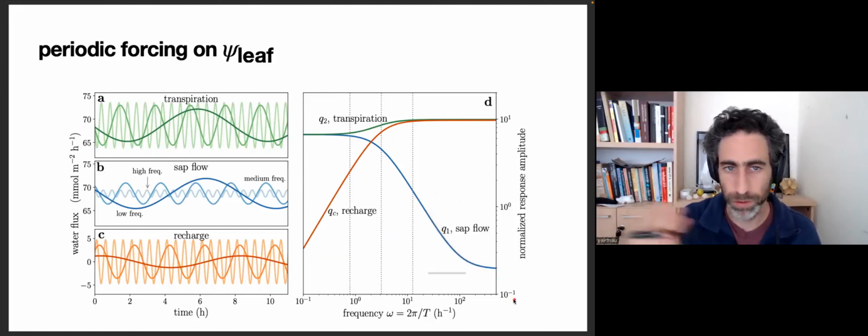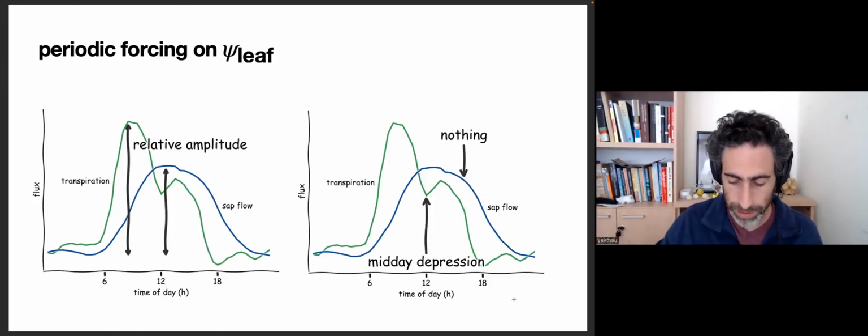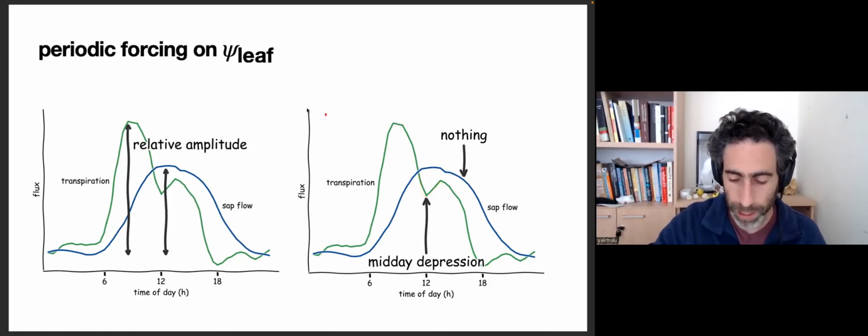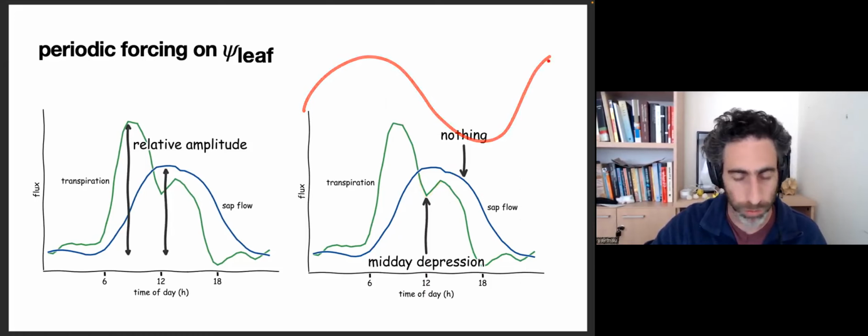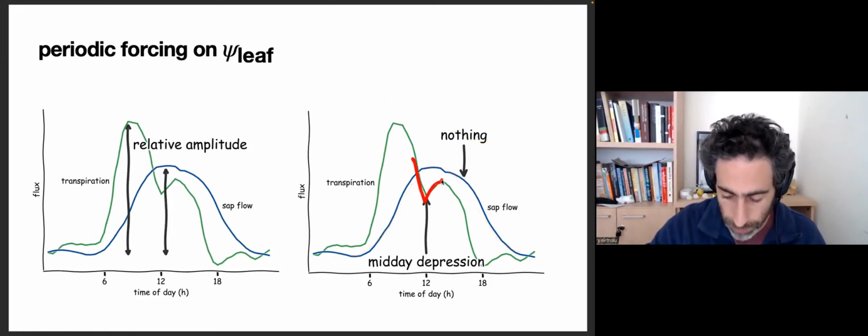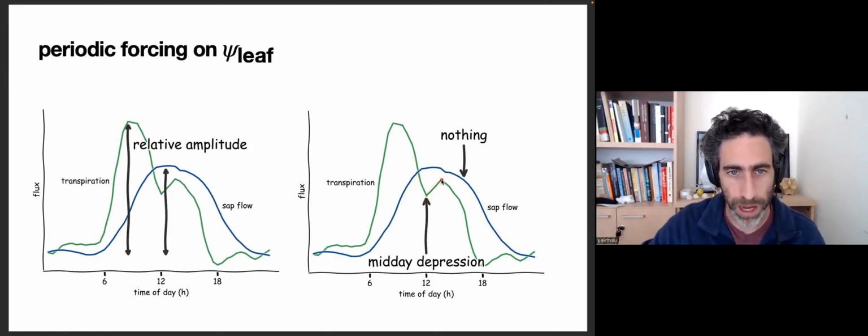High frequencies do not appear in it. And you need high frequencies to make bumps like this. If you only have very long, smooth frequencies, then you get a smooth signal. In order to get something jagged like this, you do need the higher frequencies, but they do not appear in the sap flow.